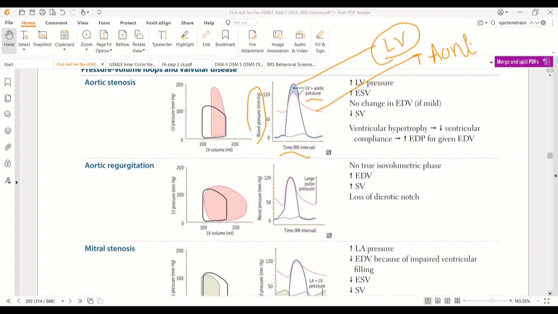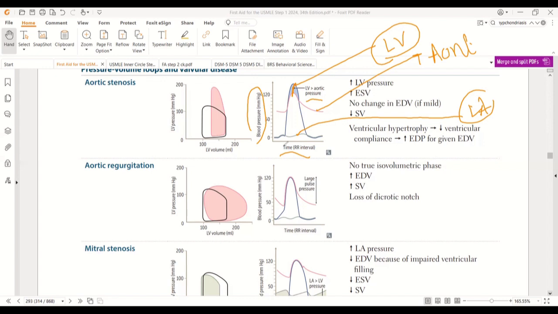So this shows that the left ventricular pressure is increased. What about this pressure? This is the left atrial pressure, and it is normal. So they may ask what happens to the left atrial pressure. It remains unchanged.